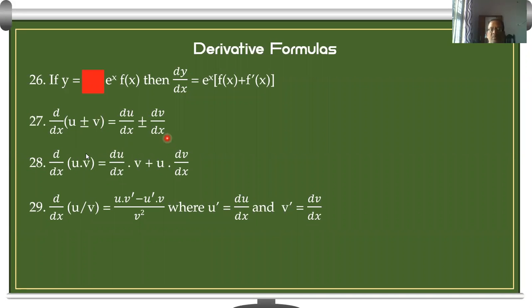And the uv formula: dy by dx equals du by dx dot v plus u dot dv by dx, that is, u dash into v plus u into v dash. Next, the u by v formula. What is it? V square in the denominator, and numerator u into v dash minus u dash into v, where u dash is nothing but du by dx and v dash is nothing but dv by dx.